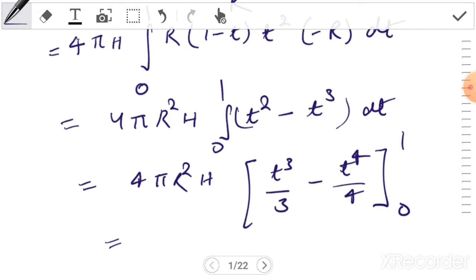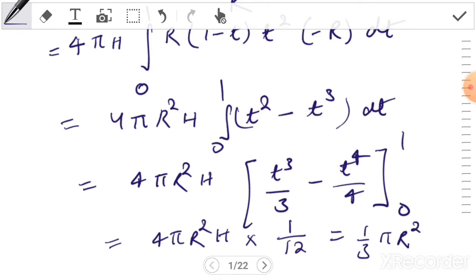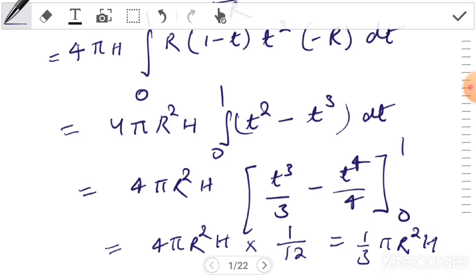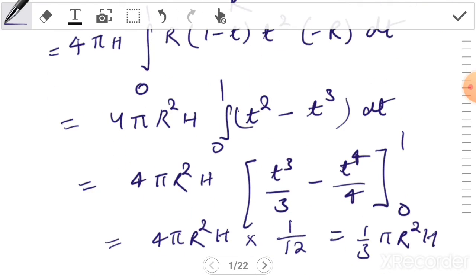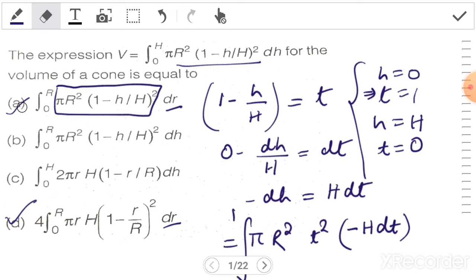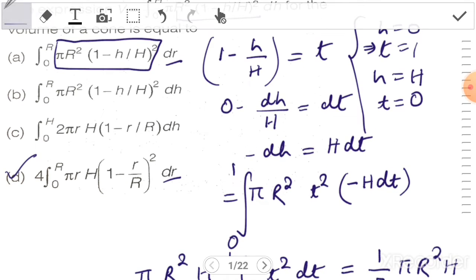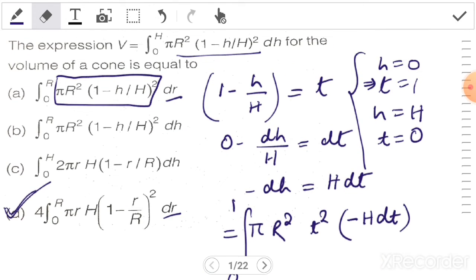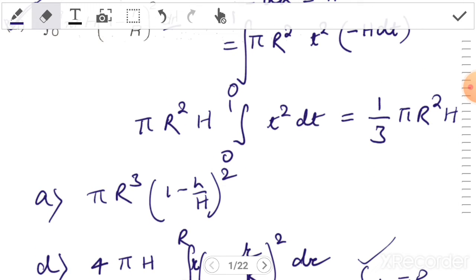This will be equal to 4 pi r square h and 1 by 12, which is equal to 1 by 3 pi r square h. So which is equal to the volume of a cone. So D is the right answer. Okay. Let us go to the next problem.